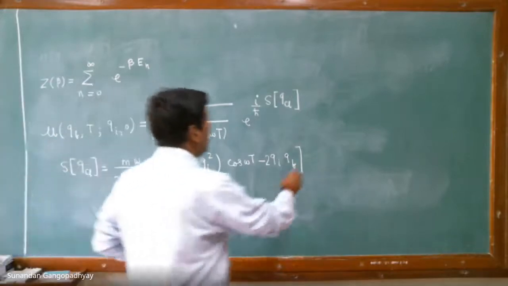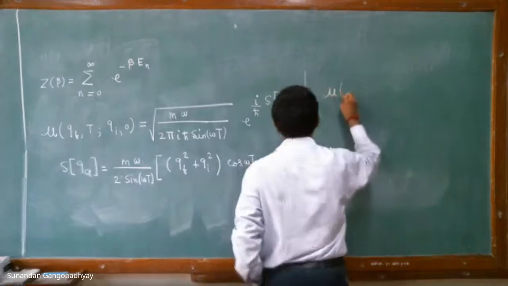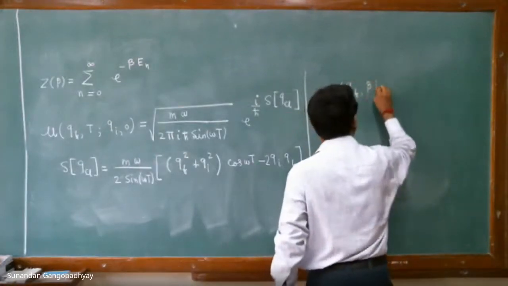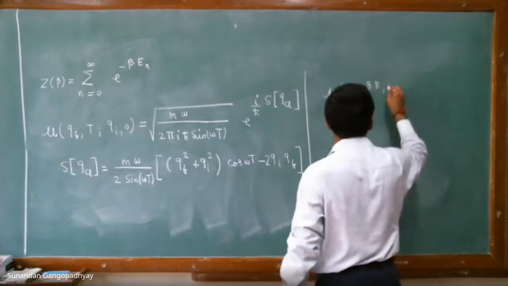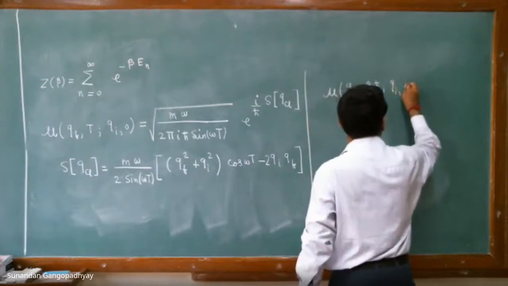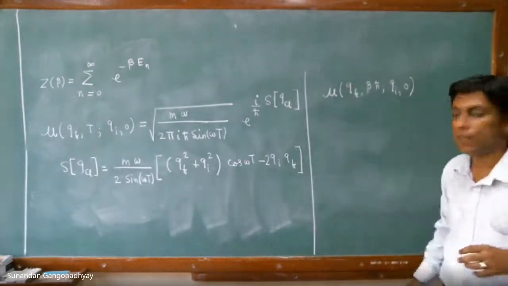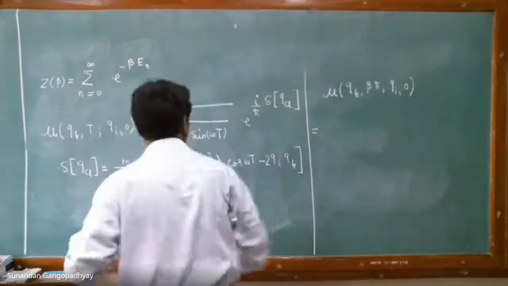So from here, you can immediately calculate what is needed. Instead of t now, we have beta h bar sitting over here. And how is it related to this capital T?